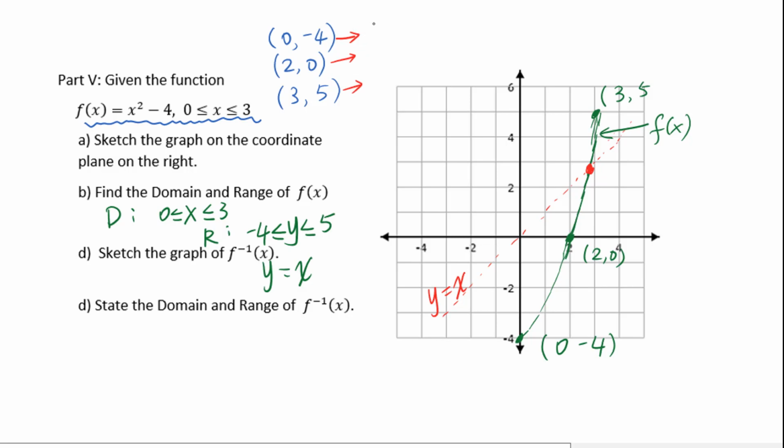For 0, -4, switch into -4, 0. This will be 0, 2, 5, 3. This point and this point. Then we have this point.